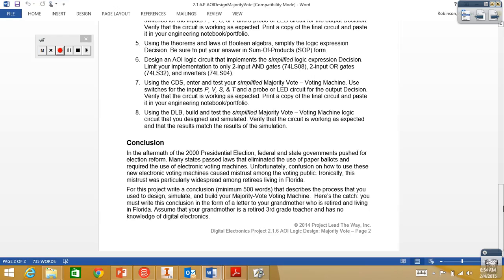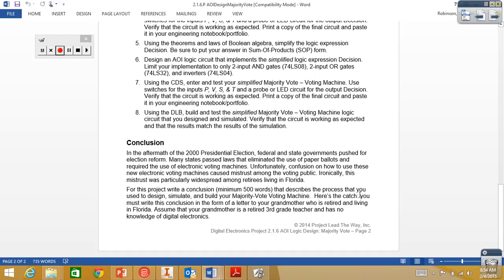And for the conclusion, as far as your summary for your portfolio, you're going to write a letter, a minimum of 500 words. You're going to describe the process that you used to design, simulate, and build your majority voting machine.